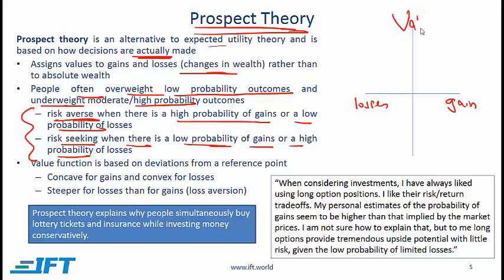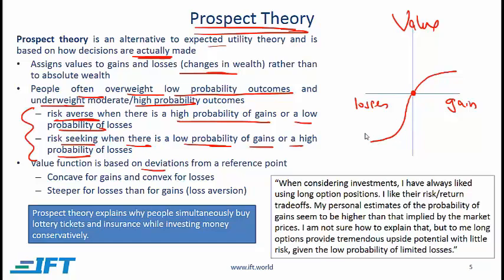The value function is based on deviations from a reference point. So if this is our reference point, we have gains on the right, losses on the left, then the value function might look something like this. So for gains, this is risk averse or concave, and for losses, this is risk seeking or convex.